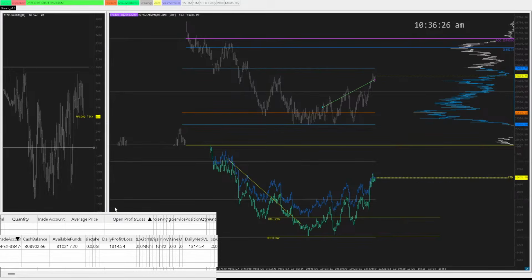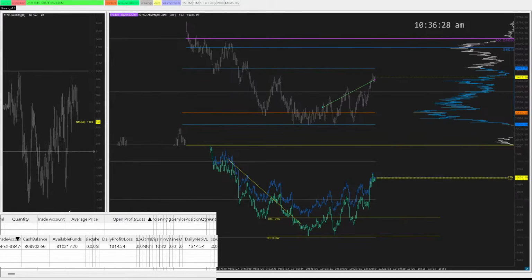I exited there because when you're trading a retail prop account, guys, especially when you're trading Apex that has a trailing drawdown, you need to try to close your trades when they are at their apex, at their peak. And if you're just trying to get payouts, again, it's not about being right.